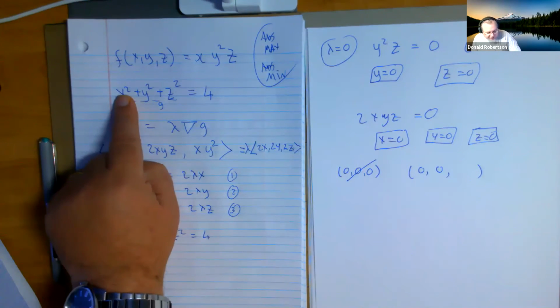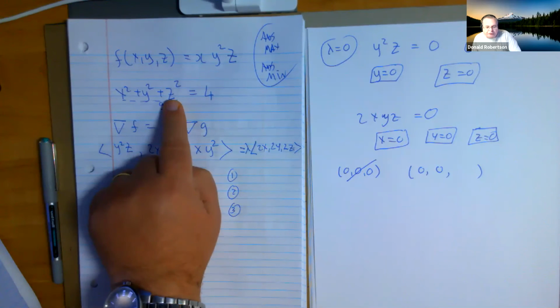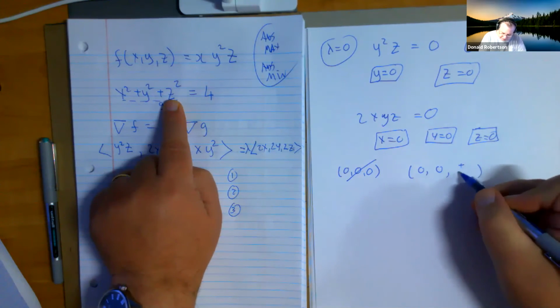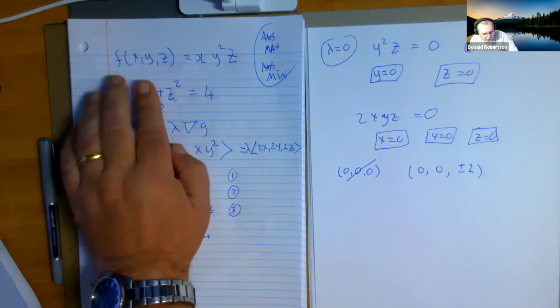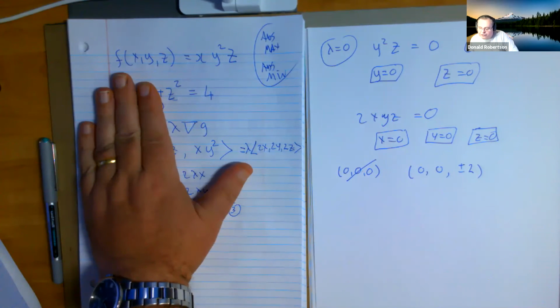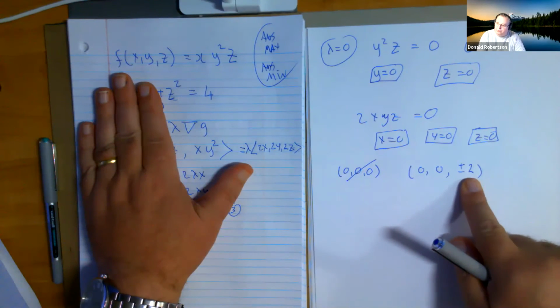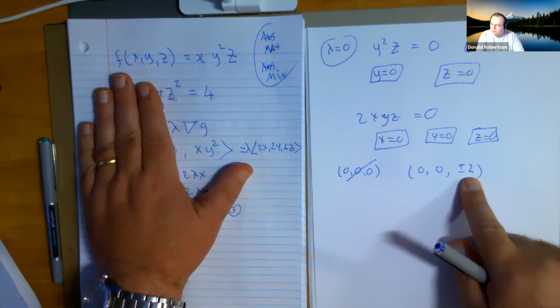Then if you plug x is 0 and y is 0 here, do you see that you get 2 choices for z? Does that make sense? If x is 0 and y is 0, won't the constraint say that z squared needs to be equal to 4? That makes z equal to plus or minus 2. Are we comfortable with that assumption? Because some of you are pausing and thinking, and it's got me worried.